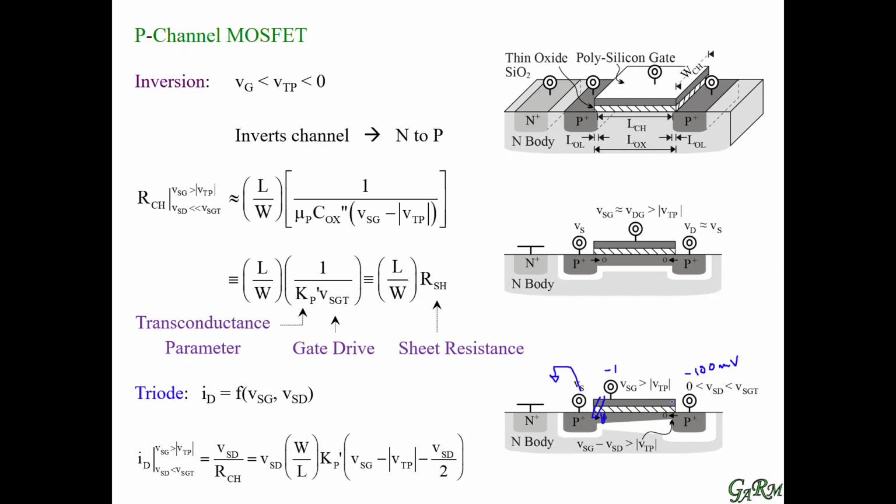On the right-hand side, we have less negative voltage, so that we have less charge. With less charge, we have higher resistance and lower current. So that's what this is modeling here. When this drain voltage is negative, the source drain voltage is positive. When we apply a voltage there, we get a lower current.